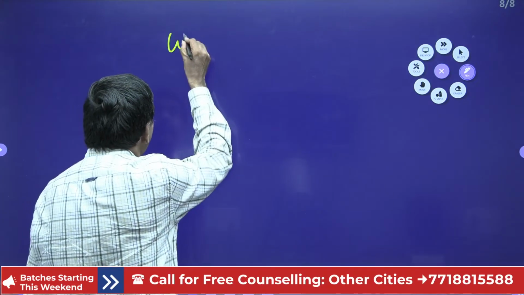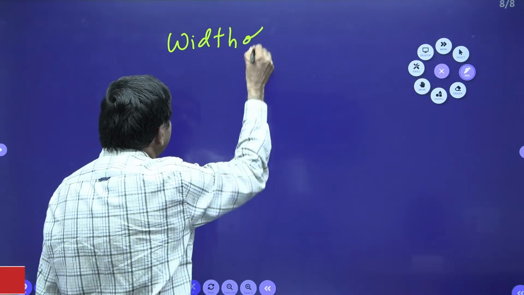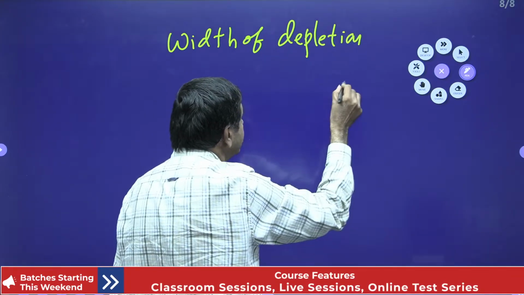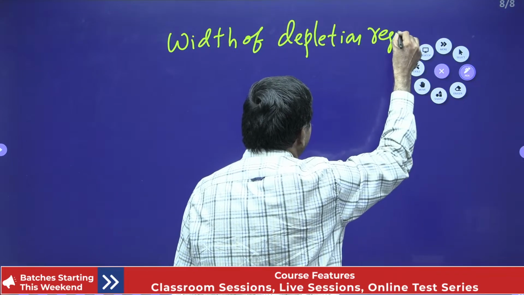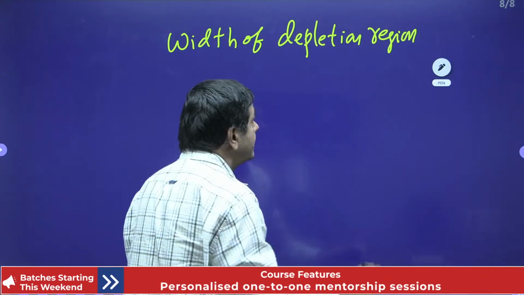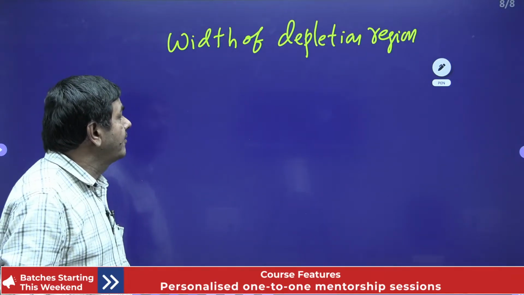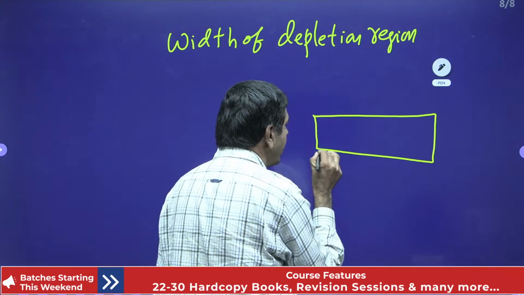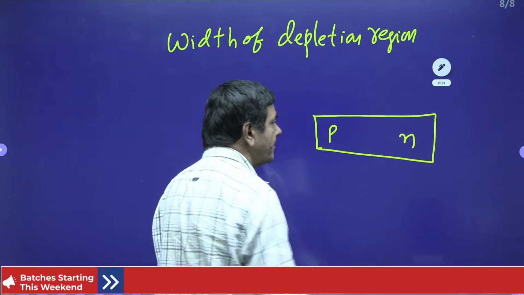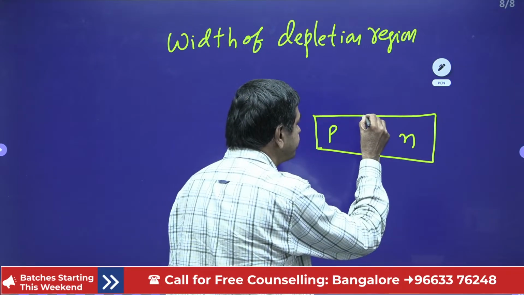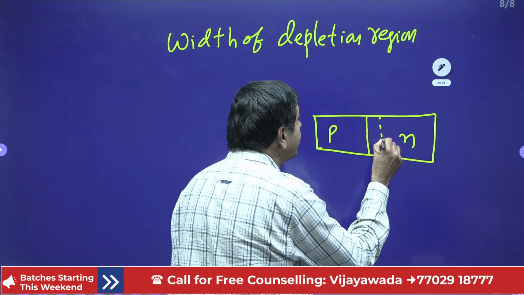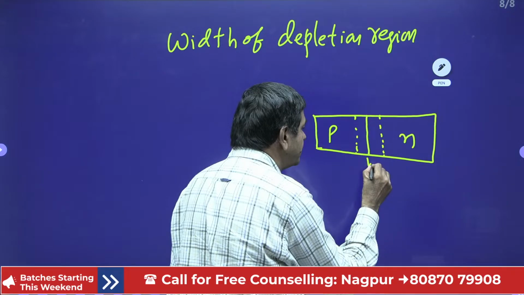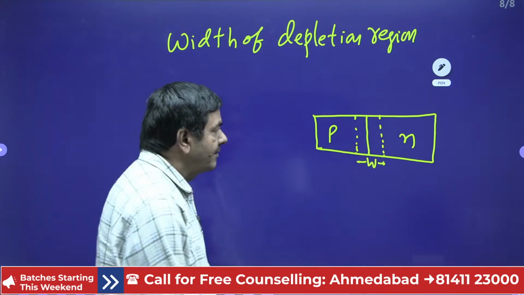How do we calculate it? The width of the depletion layer or depletion region: this is the P-type and N-type material, with one junction, and the depletion region is formed around it. I take this as W. W is the total width.